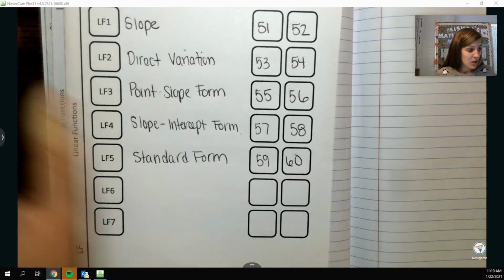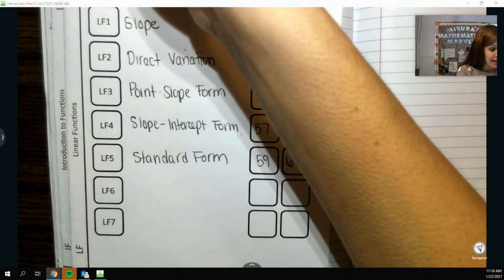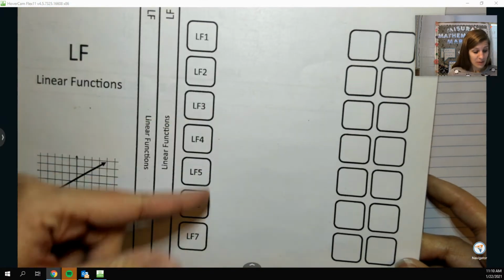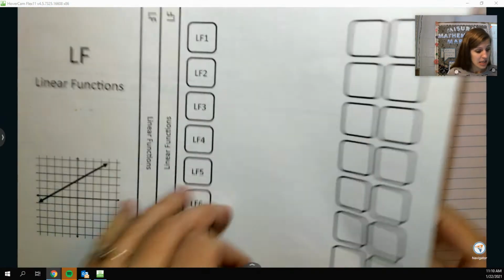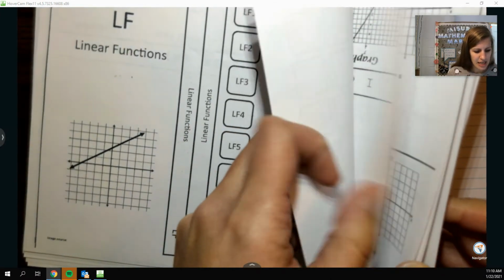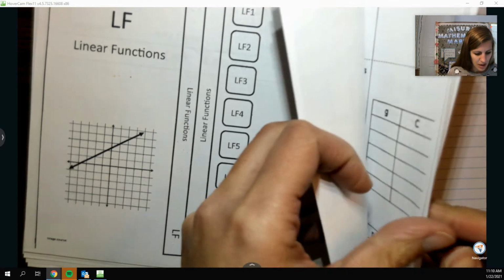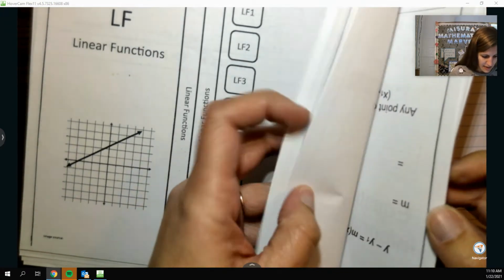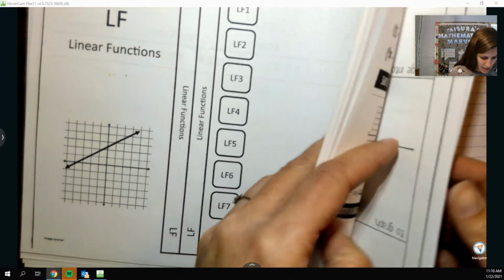Now, if you are doing it just in the packet that I gave to you in class, starting from the top, so this is the front page, you can be filling out the table of contents with us, like I'm doing here, but you're going to be on the 1, 2, 3, 4, 5, 6, 7, 8, 9, 10, 11th page in.